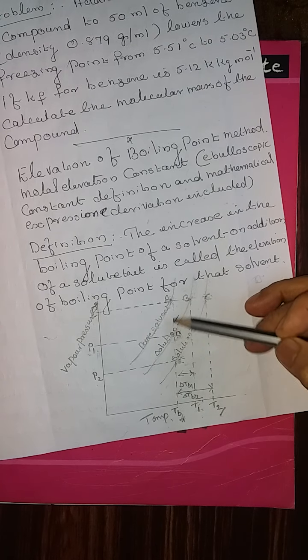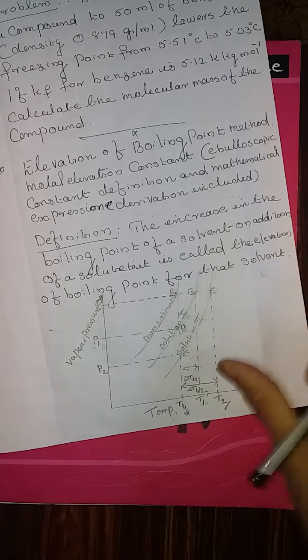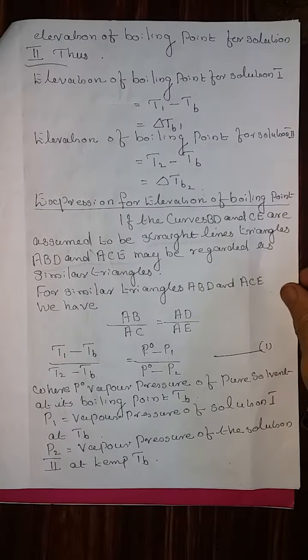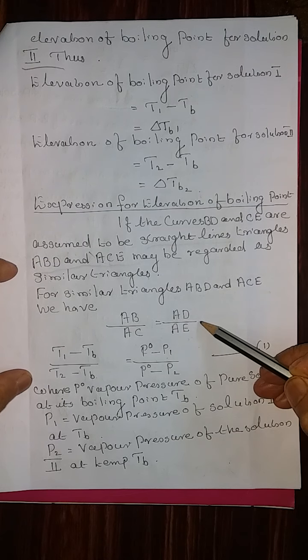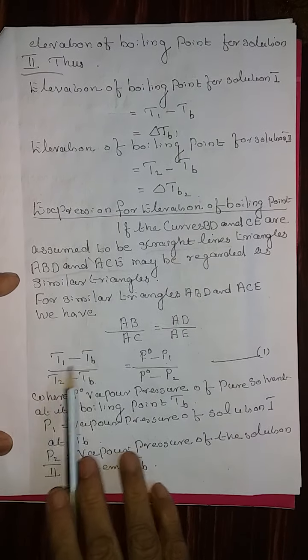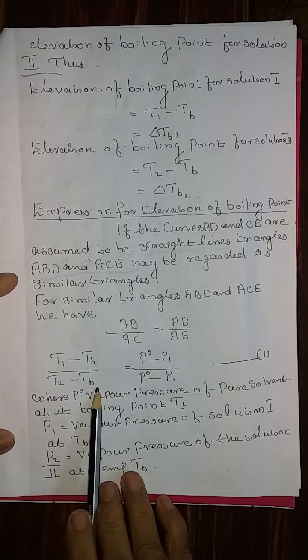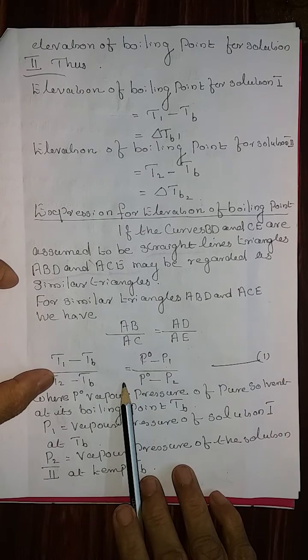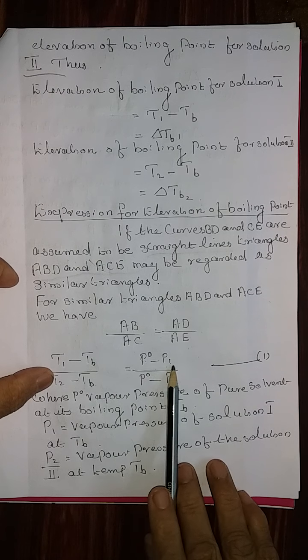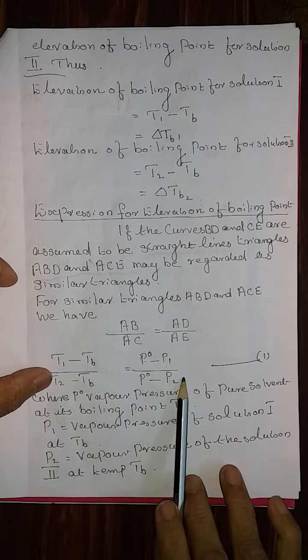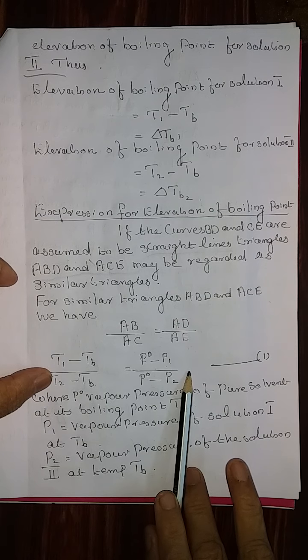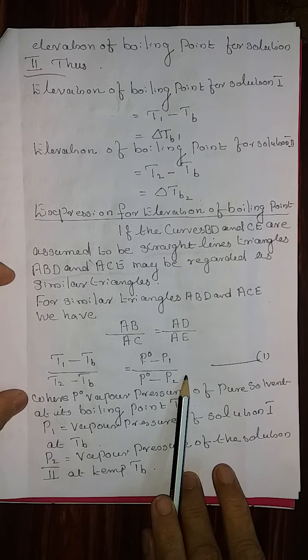Similarly, the values are substituted in the equation AB by AC is equal to AD by AE, which can be written as T1 minus TB by T2 minus TB, which is equal to P0 minus P1 by P0 minus P2. Refer to the graph and write it by yourself. Then only you will understand.